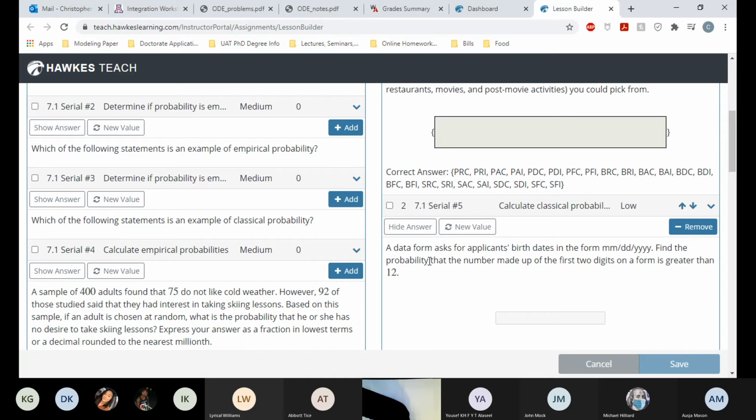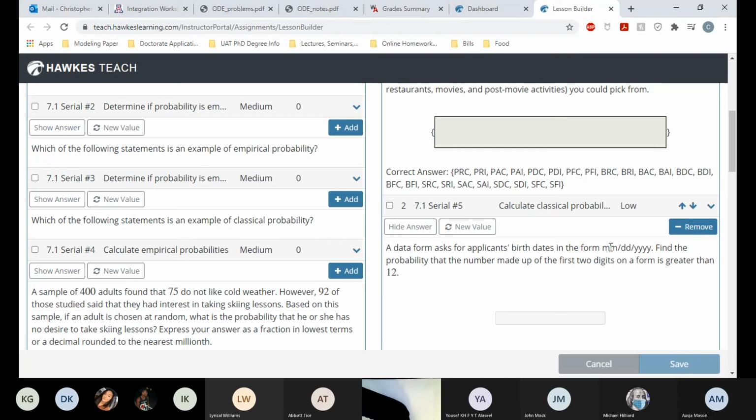You need the sample space, the denominator, which is the total number of combinations you can get from the first 2 digits on this form. So you could have January being 01 and then February 02, right? Et cetera, et cetera. So that would be your sample space.